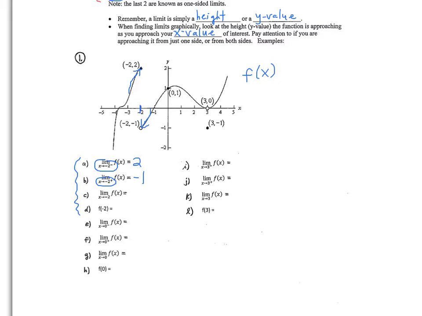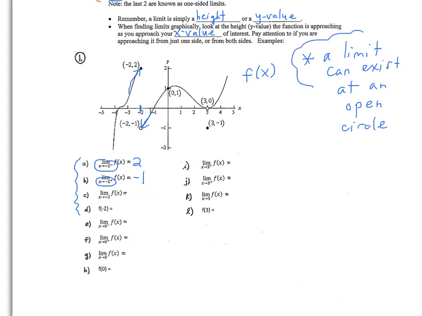This is a very important point, so we're going to have you jot this down off to the side. A limit can exist at an open circle. Okay, so a limit can exist at an open circle. Please jot that down.